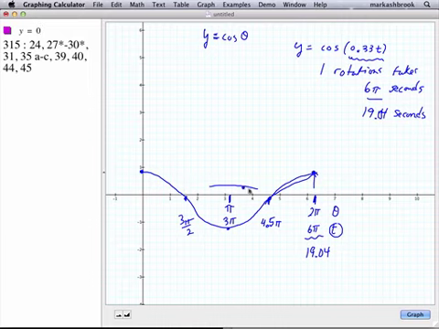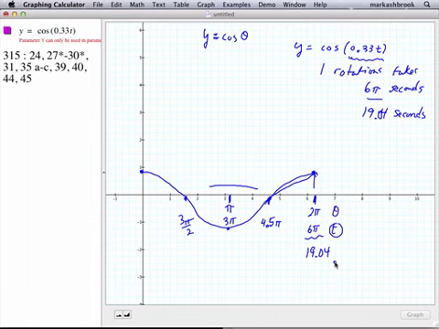Yeah, so the whole thing is going to be stretched out. So let me graph it, and we'll see that. It's going to be the same curve, but stretched out so that it ends at 6 pi, or ends at 19.04. So cosine of 0.33t, right? Oh, x.